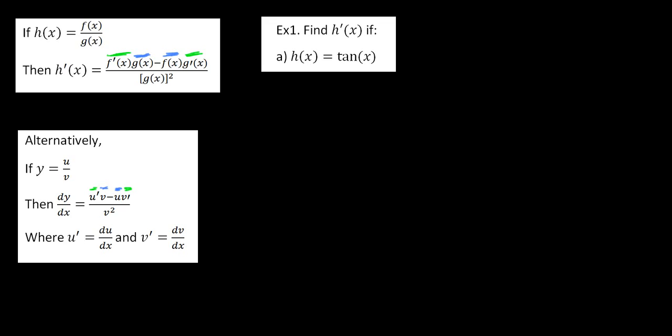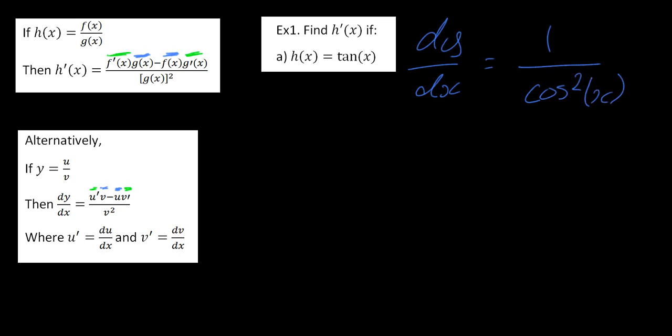Now, we know the derivative of tan x. You know from previous videos that we're going to end up with 1 on cos squared x, or sec squared. Okay, but where does this actually come from? And this is what we're going to talk about.